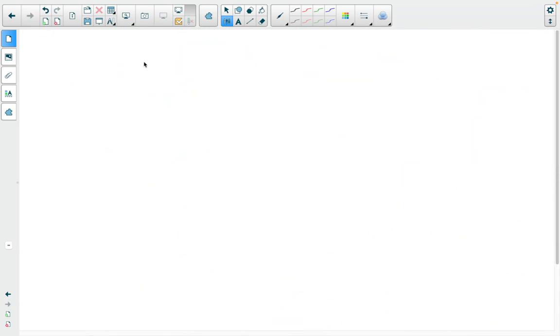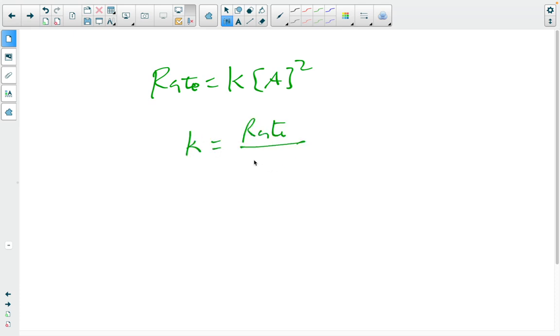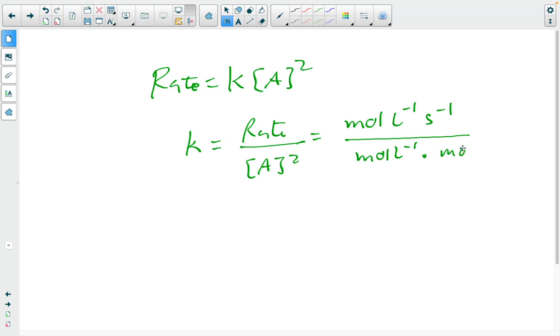You will see that the units for K will change depending on your coefficients. So as an example, if my rate law or my rate expression looked like this, in this situation, K is going to be rate divided by concentration of A squared. That's going to be mole per liter or per decimeter cubed if you're an IB, divided by mole per liter times mole per liter.